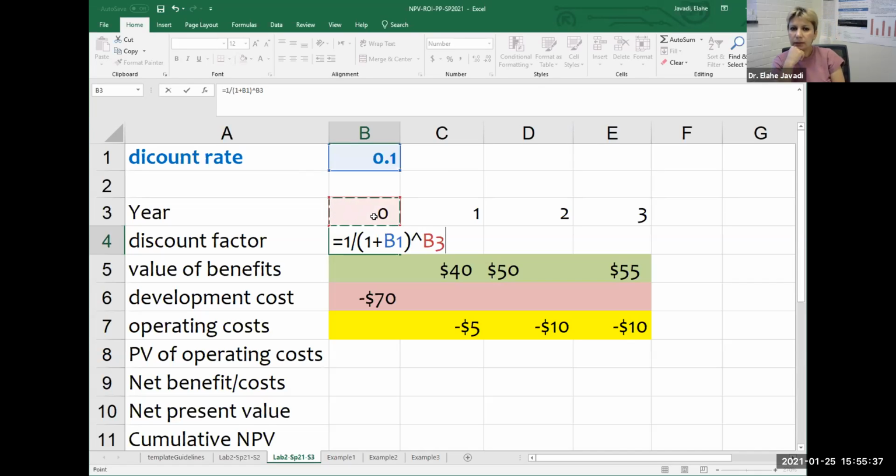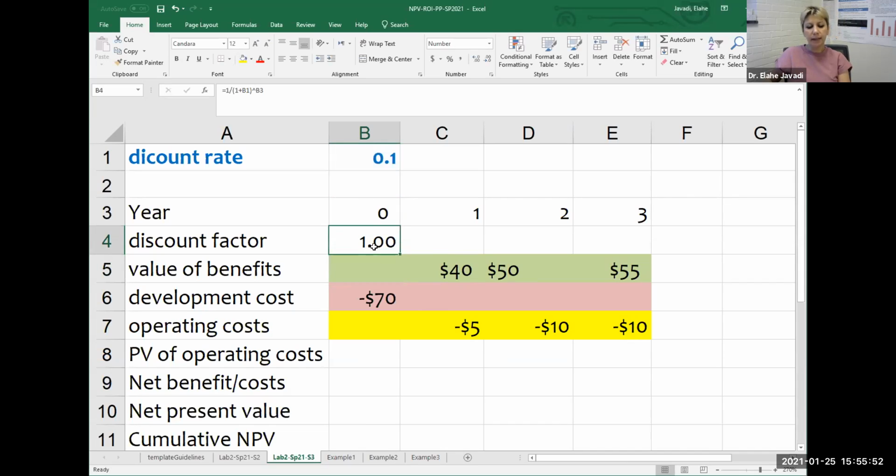So with my mouse, I select year value. Enter. So that's just saying that $1 earned or spent in the current year is worth just $1 in the current year. So there is no discount for the current year. As you go into the future, the discount shows itself.